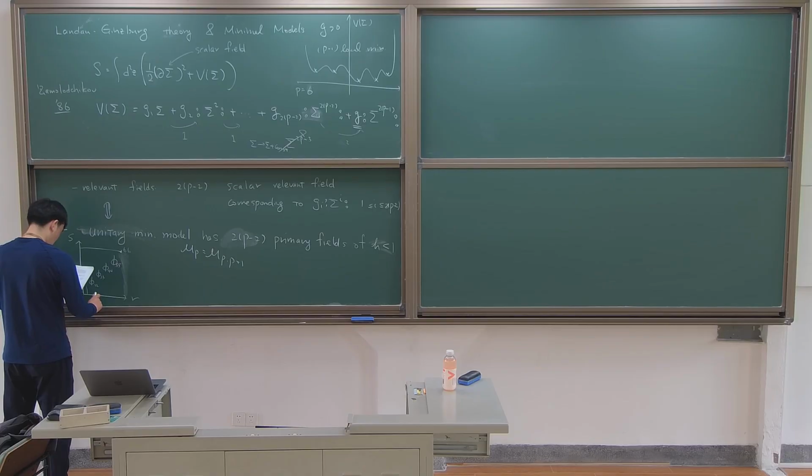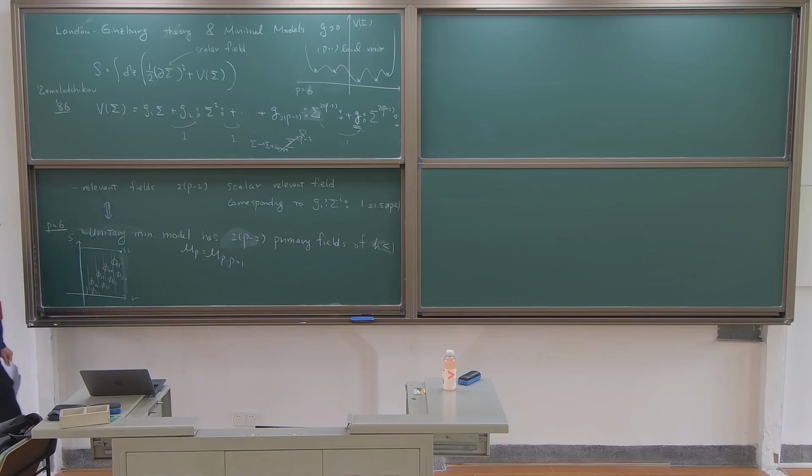And also here 521, 532, 543, 554. Like this. Those are the primary fields with conformal dimension less than 1.